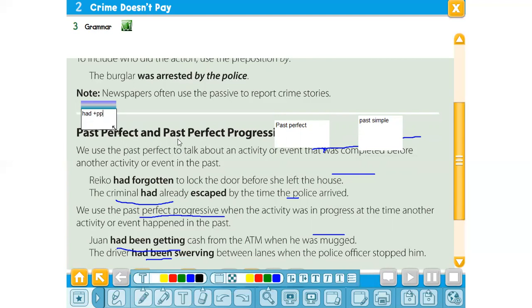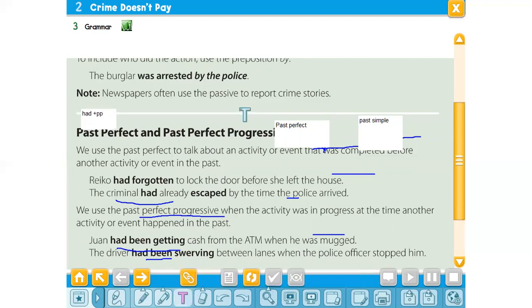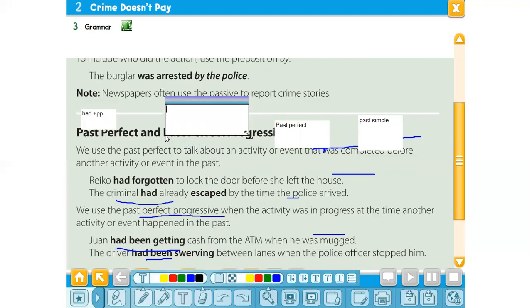What is the form of past perfect progressive? Had been plus verb plus ing.